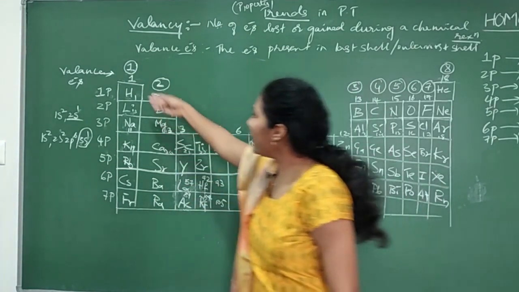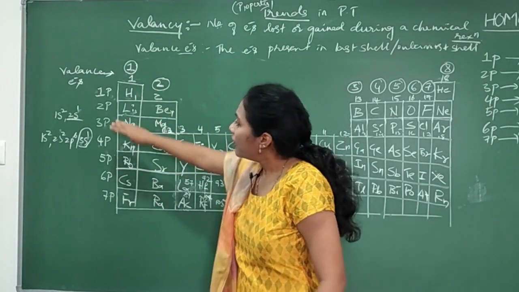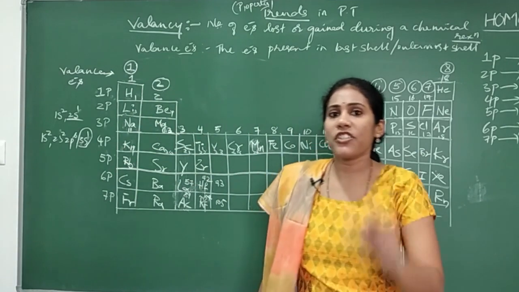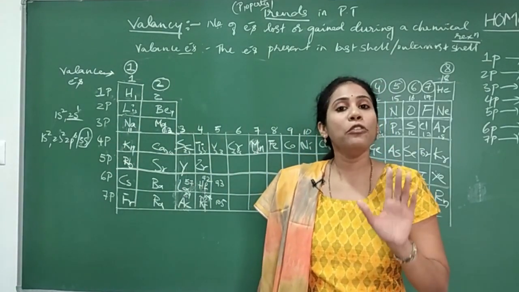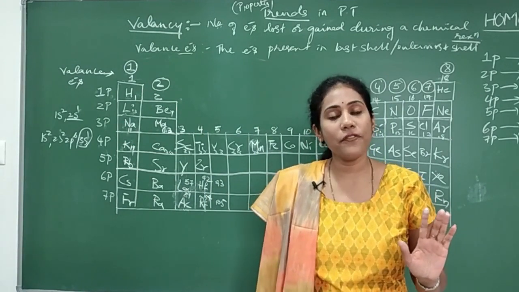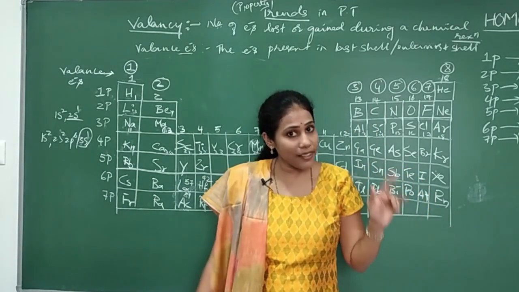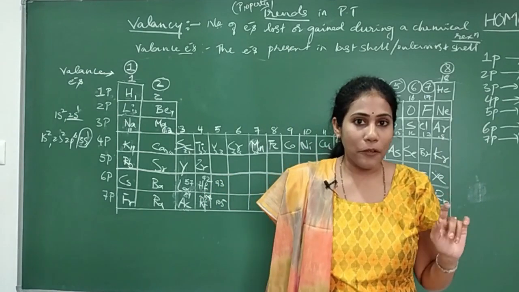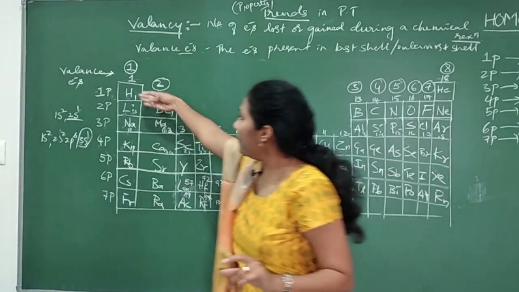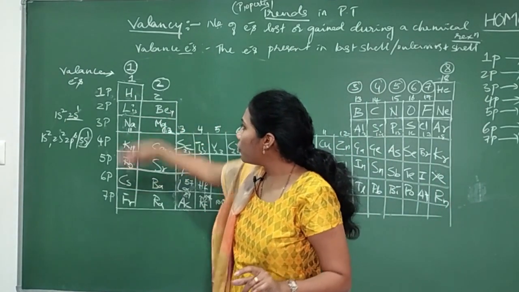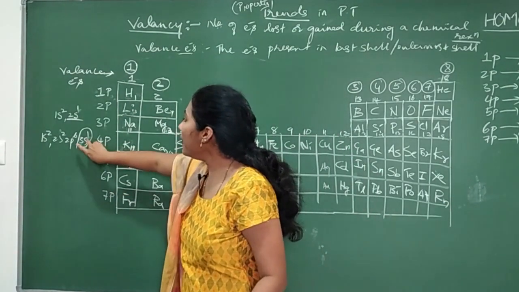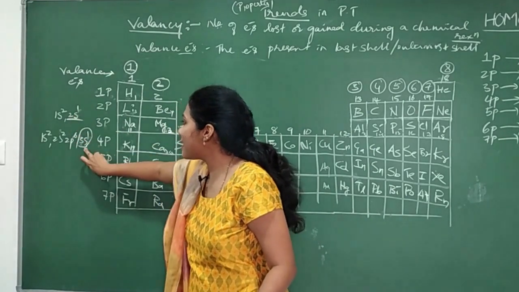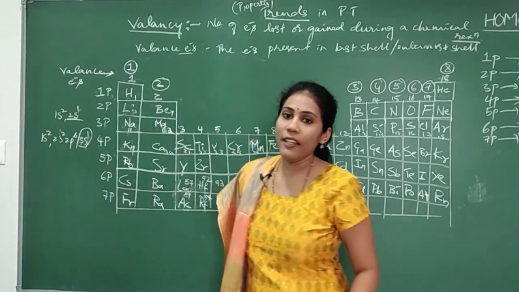Whichever element is in this group, you can write its electronic configuration. I thought of a trick for you also. If you want to know how to write the electronic configuration of elements, you can click the link popping up above. Any element you take in this group, write its electronic configuration and check how many electrons are in the last shell; you will find only one.